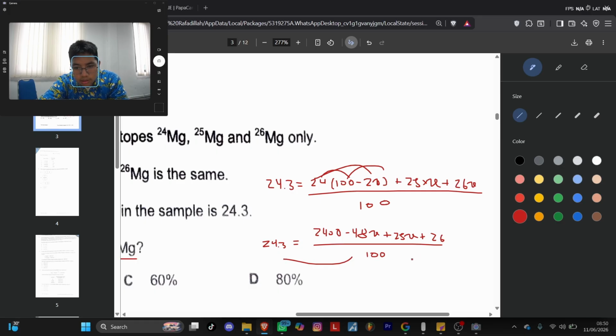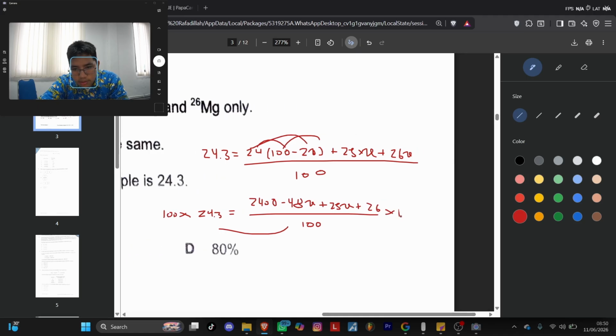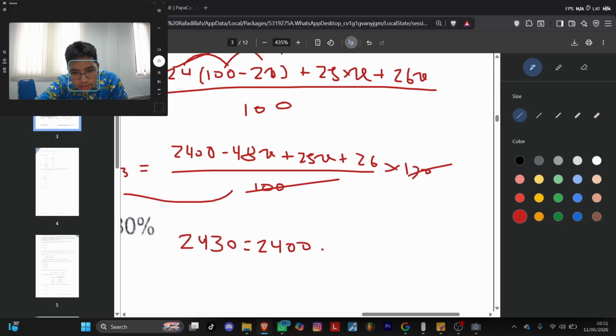We want to remove the 100, so this is multiplied by 100 and this is multiplied by 100. This is gone, and this becomes 2430 equals 2400 minus 48x plus 25x plus 26x.